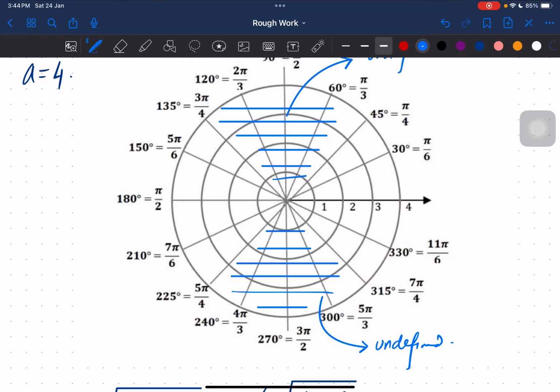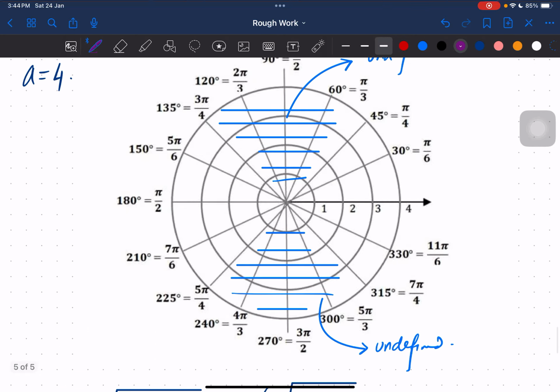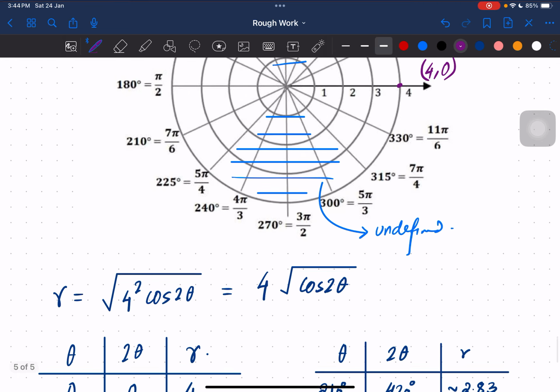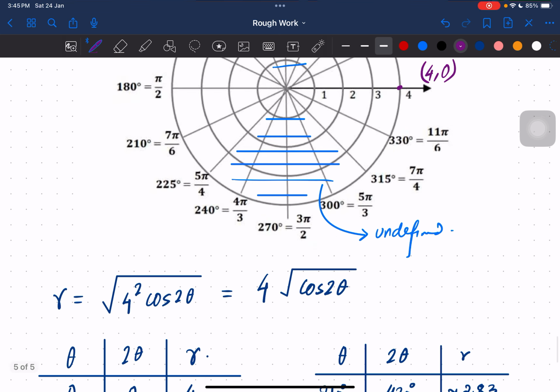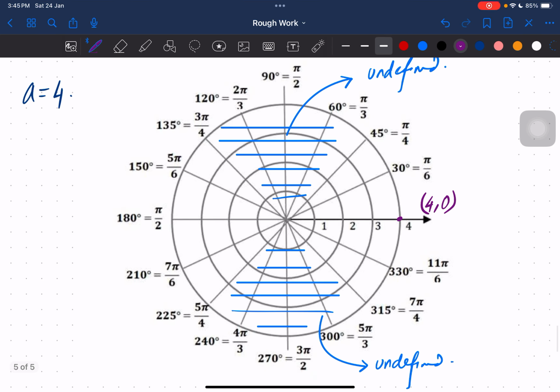Right? Now let us try to plot the coordinates. So for theta equals 0, r is 4, so 4 comma 0, this is the point. Then it is 2.83 at 30 degrees, so 2.83 is almost near to 3, so roughly here.